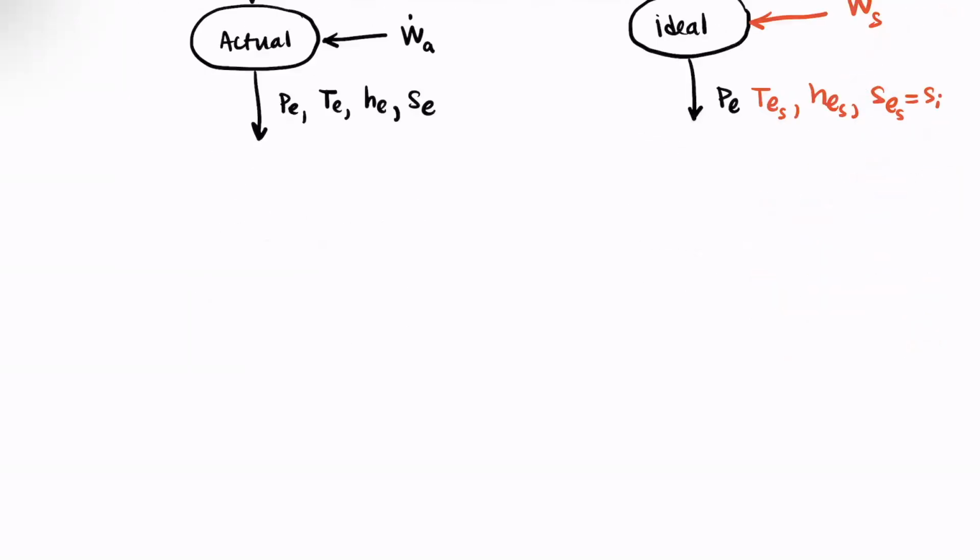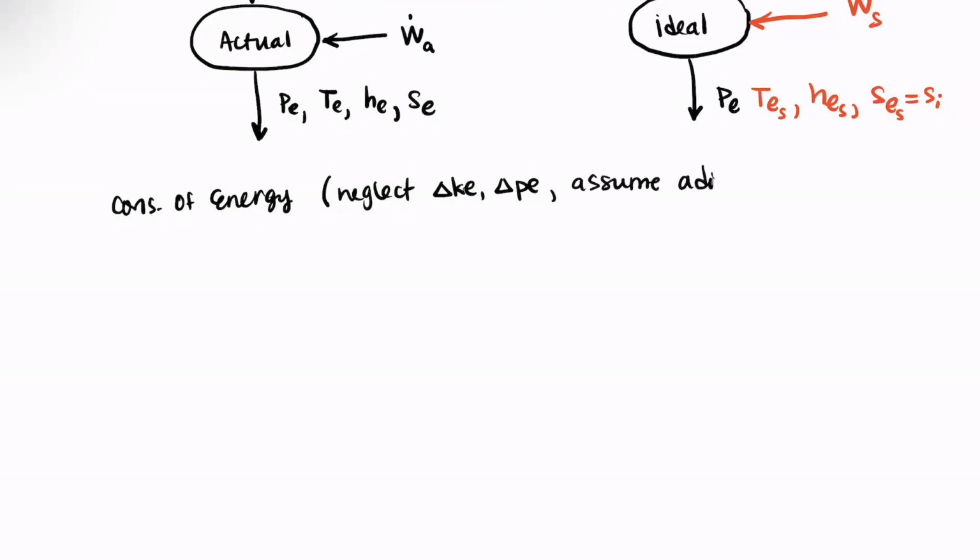Okay, so if we look at our conservation of energy equation, where we neglect changes in kinetic energy, changes in potential energy, and assume adiabatic and steady, then our conservation of energy looks like the following.